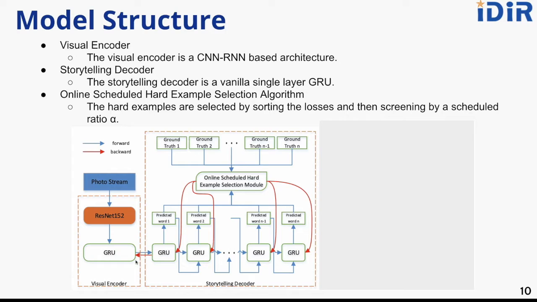The GRU further encodes the features and then sends them to the storytelling decoder. The decoder is a vanilla single layer GRU, and the decoder predicts the words one by one.